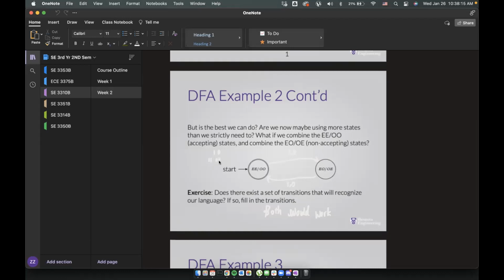And if you add a 0, it's going to be 3 0s and 2 1s. So both will work. So the other way around will also work. With, say, a 3 1 scenario, you could add a 1 and make it 4 1s, and so that becomes the EE as well. And then if you have a 3 0, you can add a 0 and make it an even number of 0s as well. So that's basically how the state transfer works.